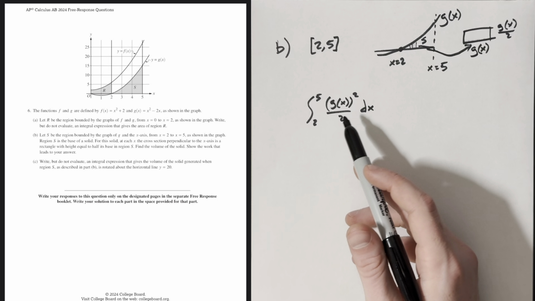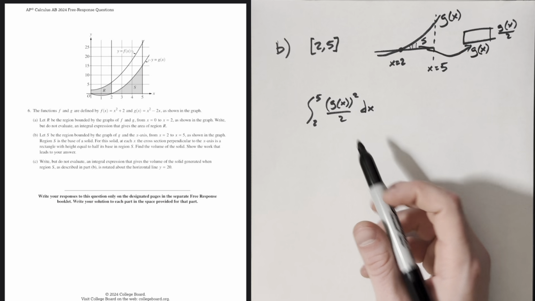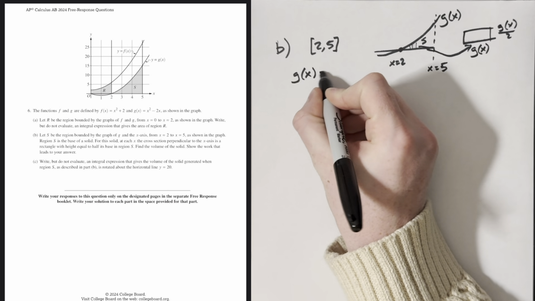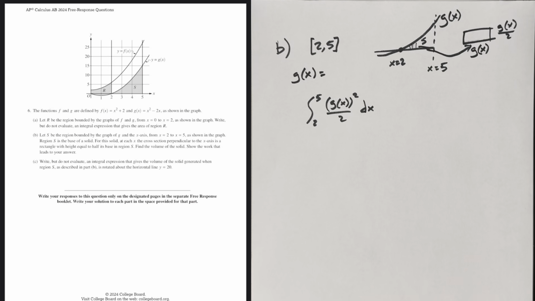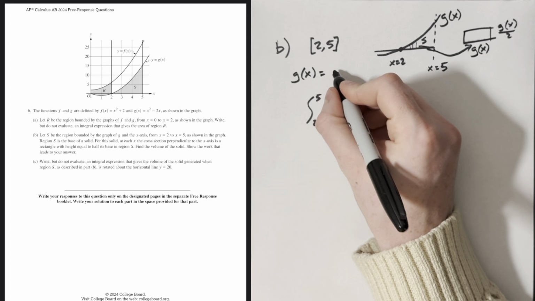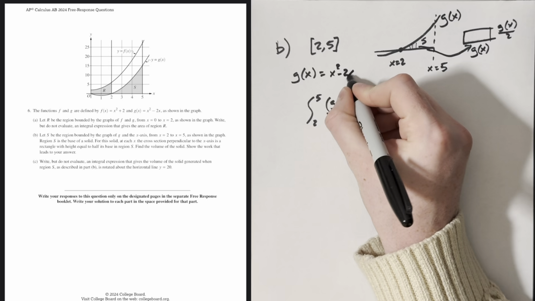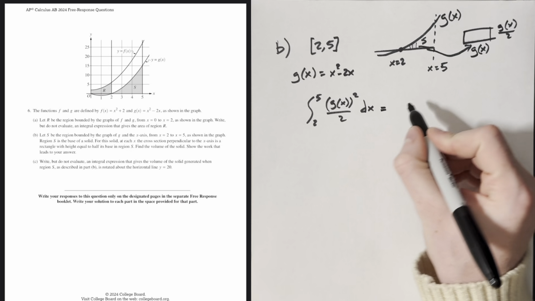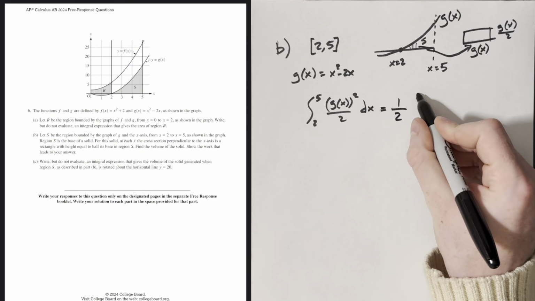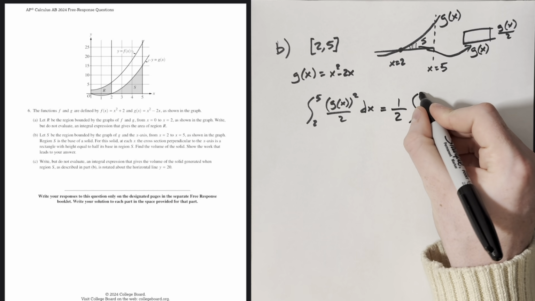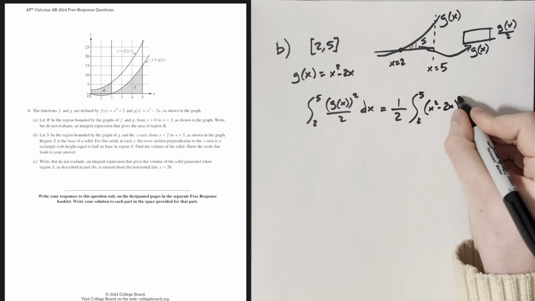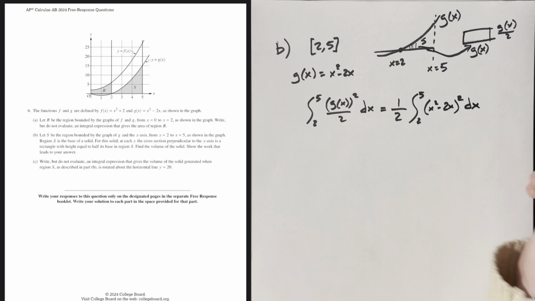But let's expand out this g of x squared. We know that g of x is equal to x squared minus 2x. I'm going to pull the 1/2 to the outside. So this will be 1/2 times the integral from 2 to 5 of x squared minus 2x, squared, dx.